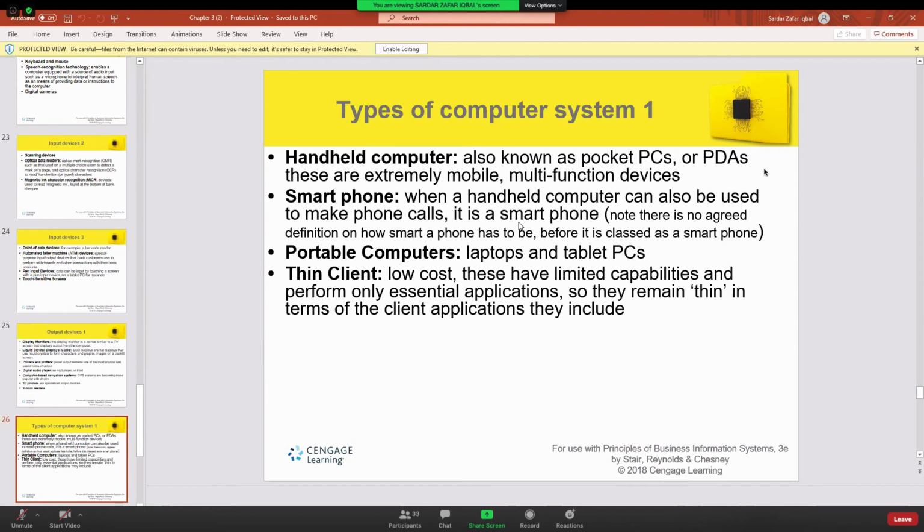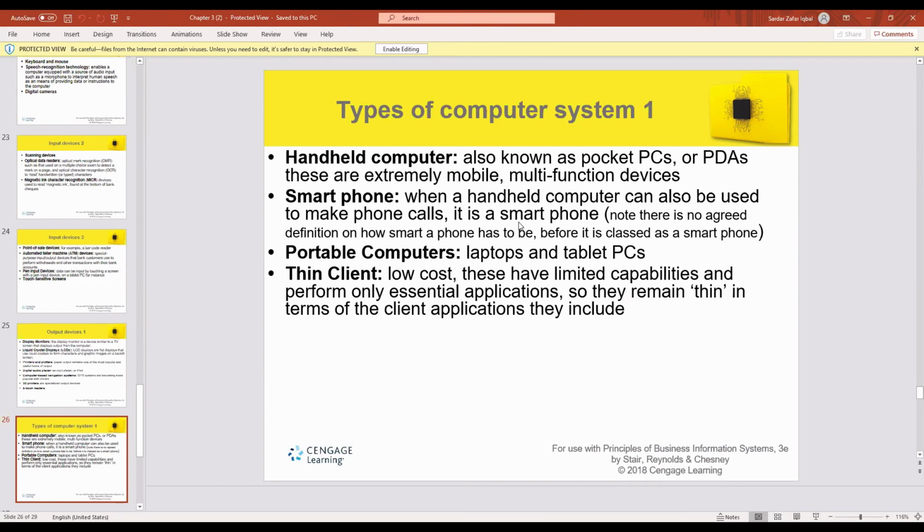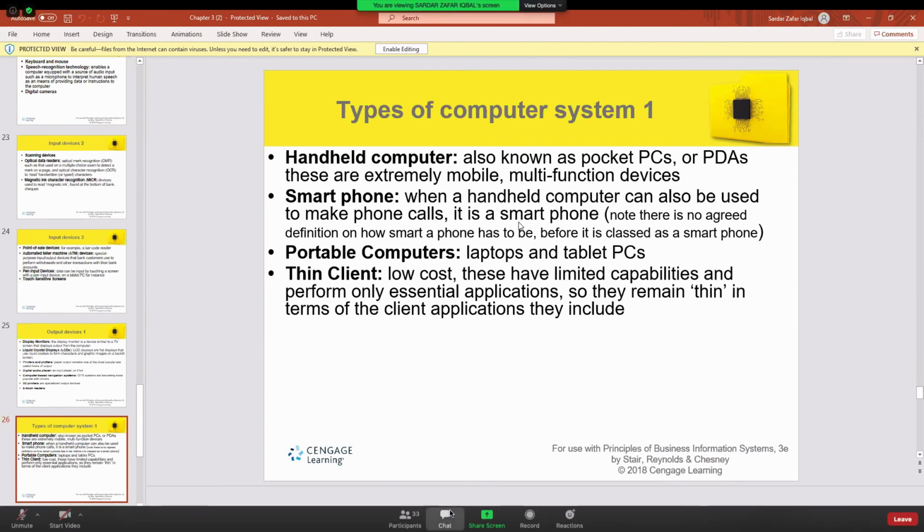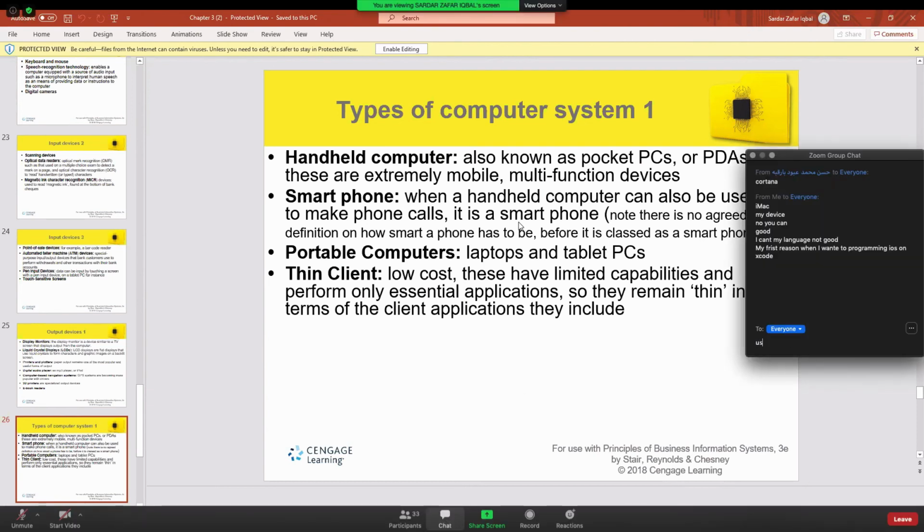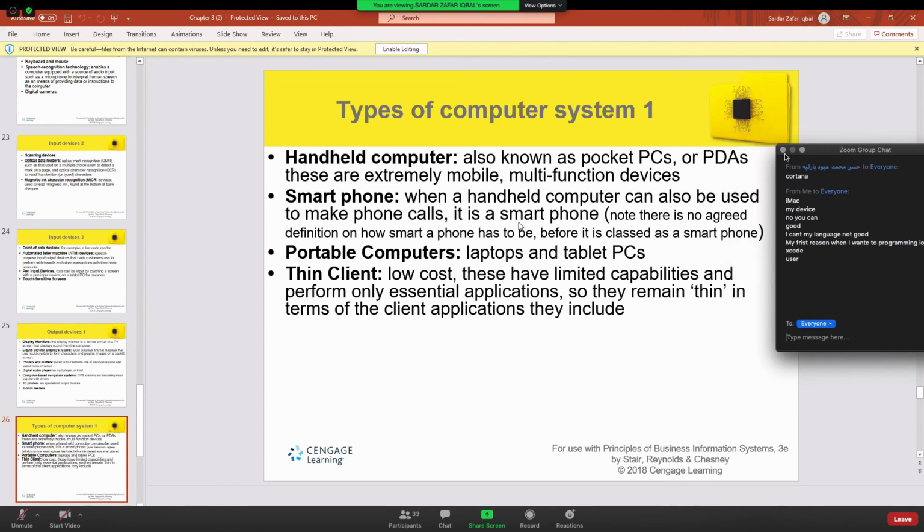And what is a client? The word is client. Do you know what a client is? Anybody knows?